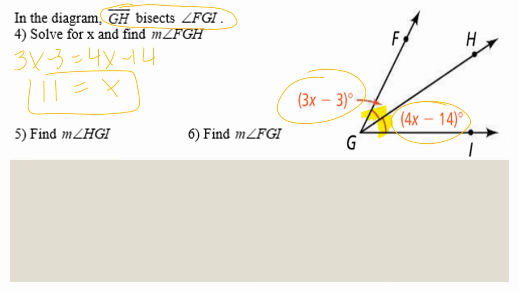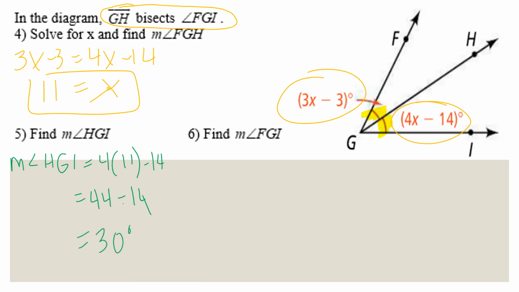And then in order to find the measures of each angle, I'm just going to plug it in. So the measure of angle HGI is the 4x one, so 4 times 11 minus 14. So we have 44 minus 14 is 30. Oh, I forgot one important part here. We forgot to do the measure of FGH, so I need to plug that in first.